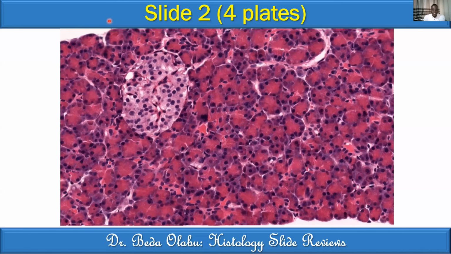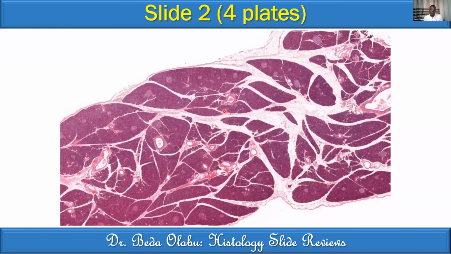So let's start with the first one. The things I want you to pick, or hoping you've picked, and the first speaker did pick that, is that the organ we're looking at is encapsulated. So the stroma, it is encapsulated, although the capsule is not a very thick connective tissue.